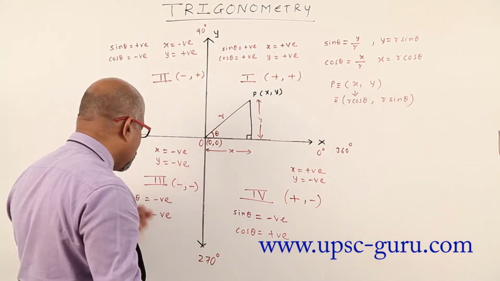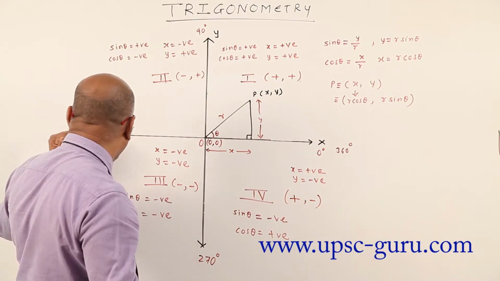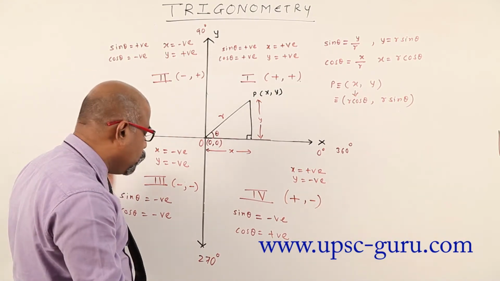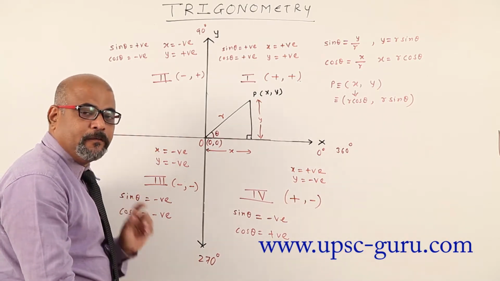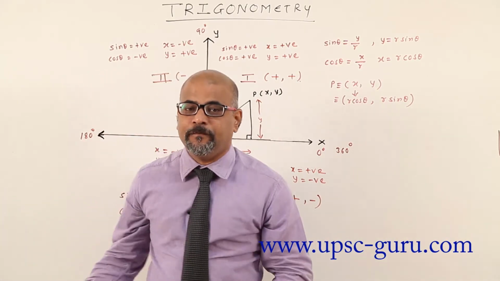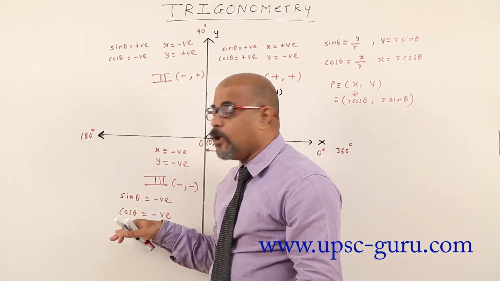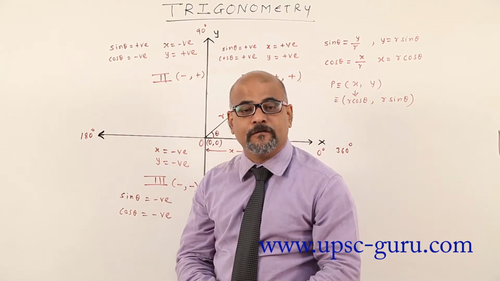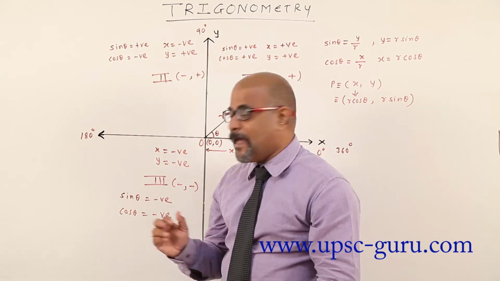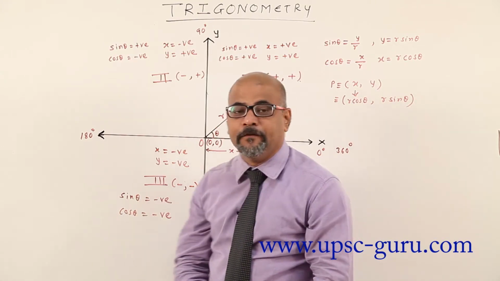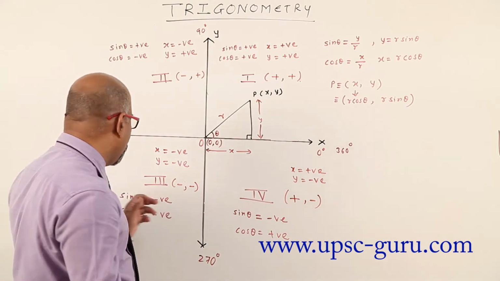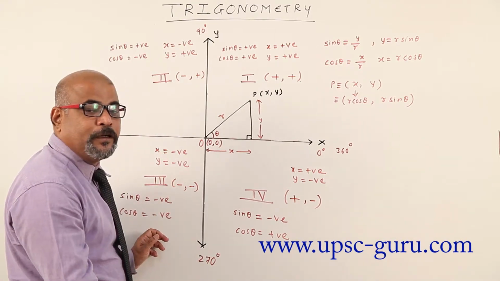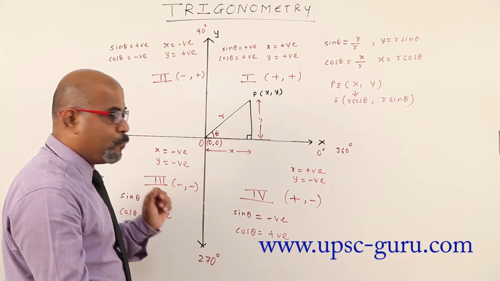When we move further to the third quadrant, that is when our angle is between 180 to 270 degree, sin is negative, cos is negative. Since sin is negative, we have cosec negative, cos negative means sec also negative, but tan equals sin upon cos, negative negative cancel each other, that means we get positive. Therefore tan theta is always positive and cot theta also positive.